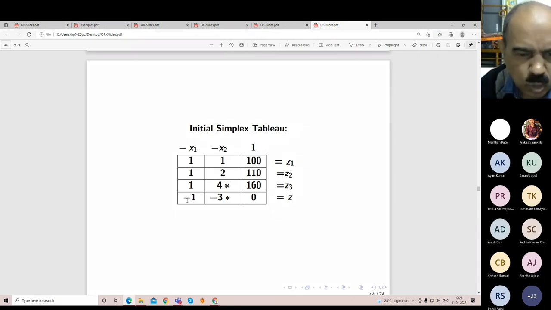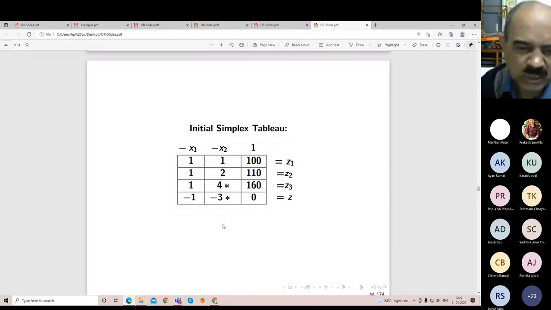Because there are 2 elements in the last row of the simplex table, -1 and -3. Most negative you are selecting. Most negative is -3. With respect to -3, we have detected that this -3 is available in the second column.